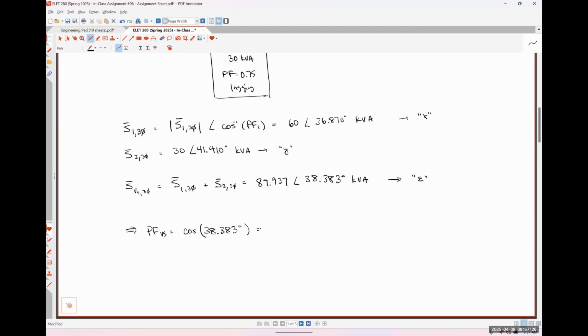So cosine of the polar angle of what I have stored in my calculator as Z, and I get 0.784. Is this going to be leading or lagging? Why is it lagging? Because it's positive. There we go.